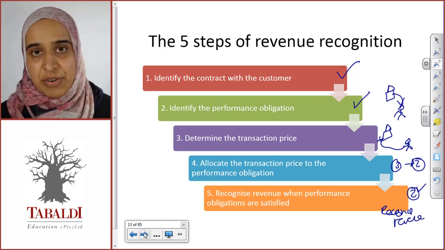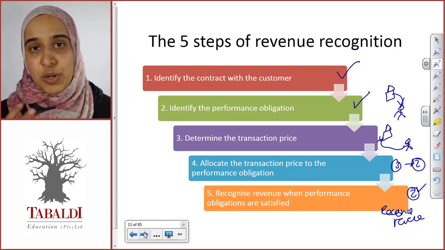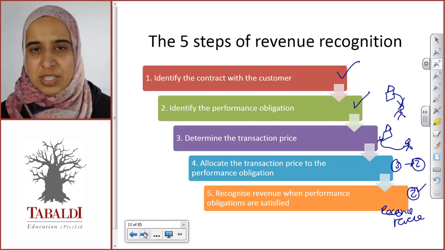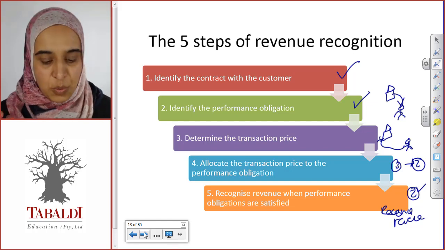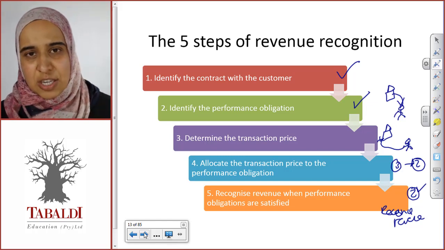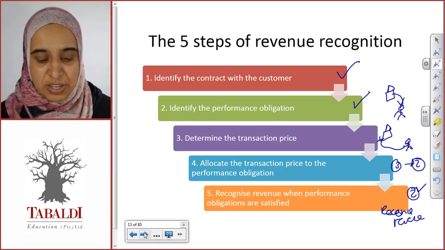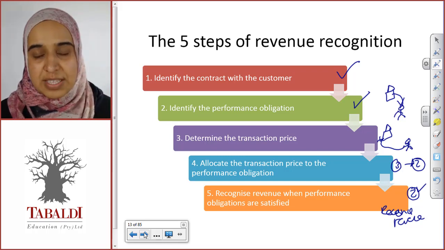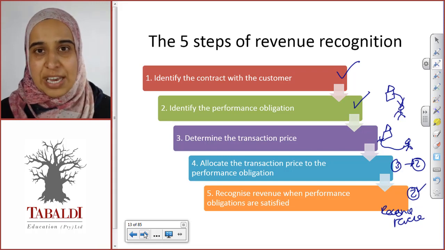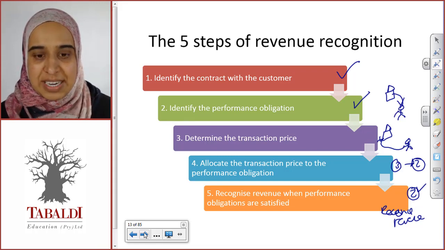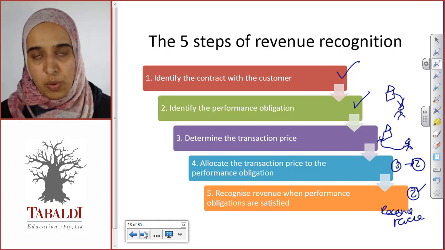That is the very basic concepts or the very core concepts in IFRS 15. So it's not really complicated. It's quite easy and simple to understand, and it's logical and it makes sense. Now, what we're going to be doing for the rest of this learning unit is we're going to be going into each of these steps in a little bit more detail and looking at the funnies that you can possibly encounter when you're going through all of these steps.